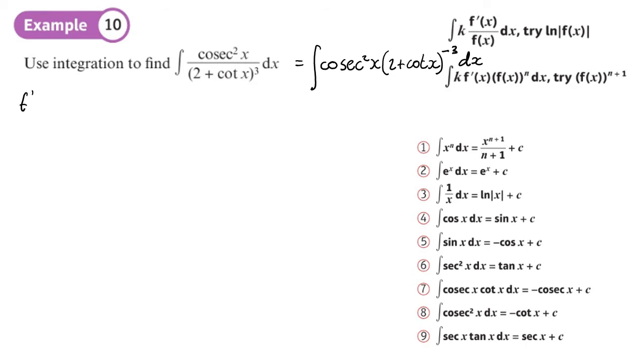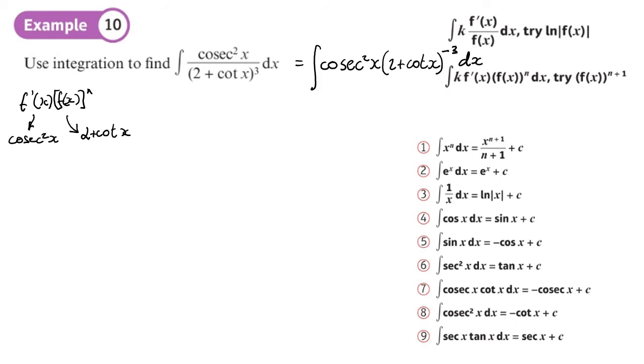And it's because of that power 3 that makes the difference. So you've got f dash of x times f of x to the n. So in this case, f of x is going to be the 2 plus cot x, n is going to be negative 3, and the f dash of x is going to be cosec squared x.